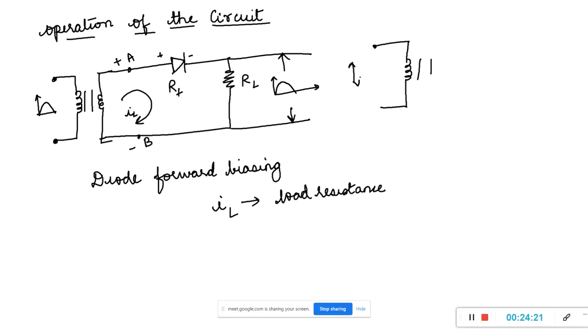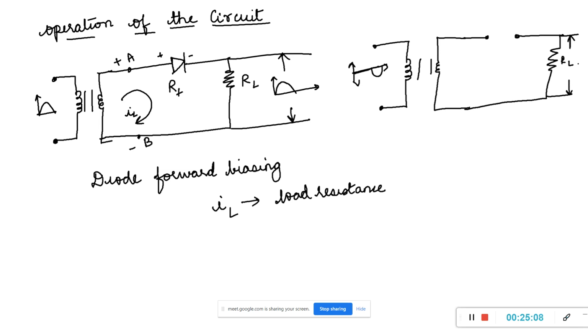When it is reverse biased, we are applying a negative half cycle at the input side. RL is here.